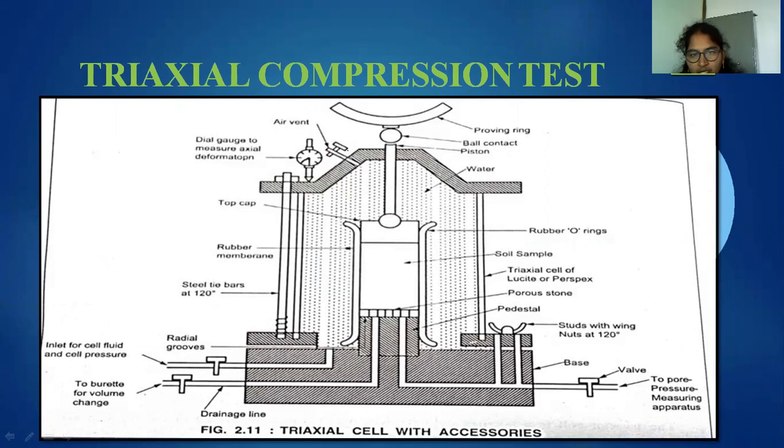After filling the water, slowly open the air valve so that any air in between the water is expelled from that particular mold, and there is ball contact between the proving ring and this platform.